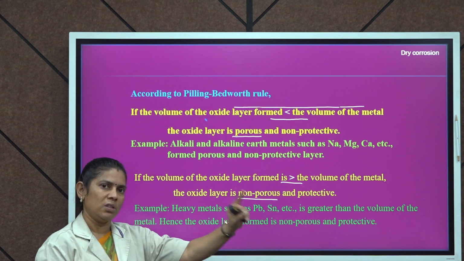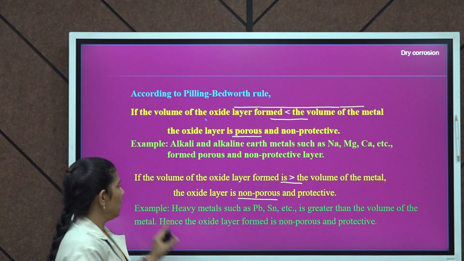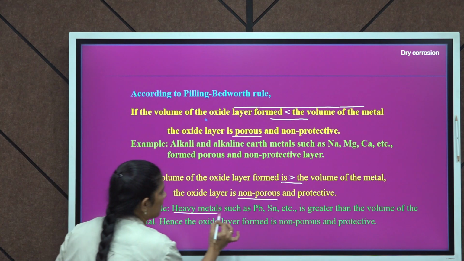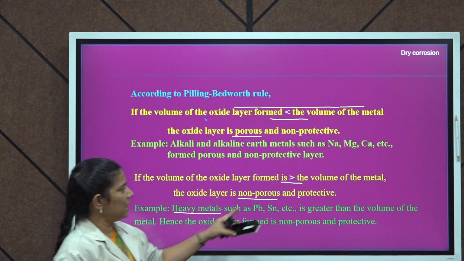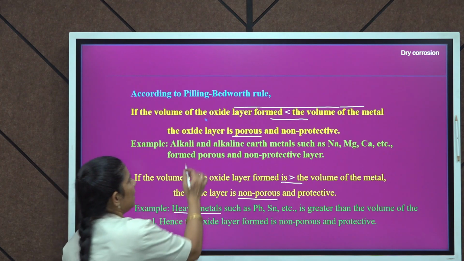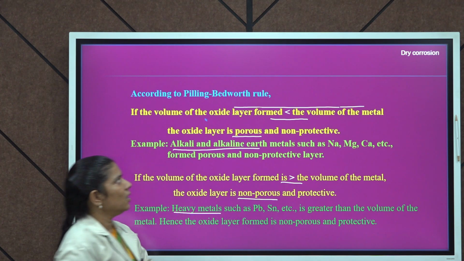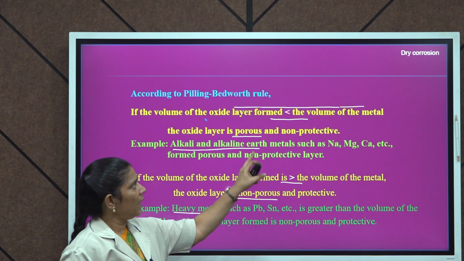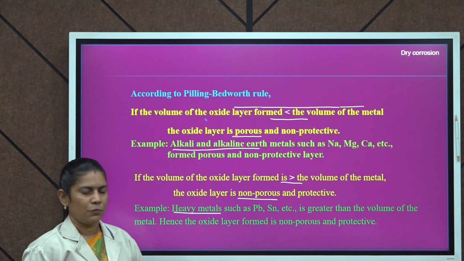So no further corrosion will occur. All the heavy metals come under this category, where a protective film is formed. Alkali and alkaline earth metals produce porous layers, so no protective layer forms on the surface.